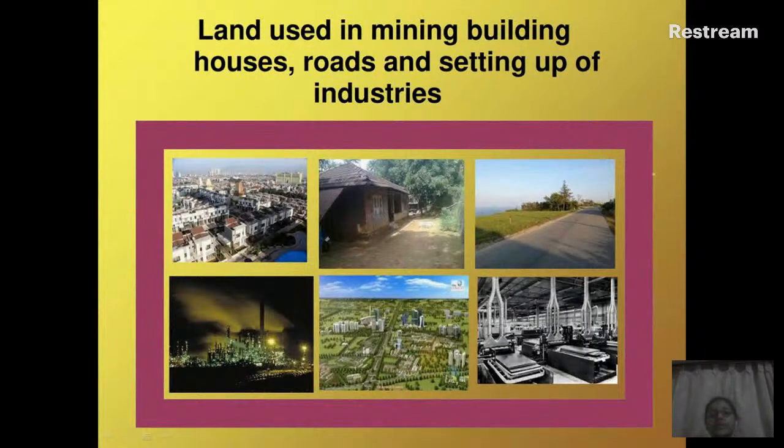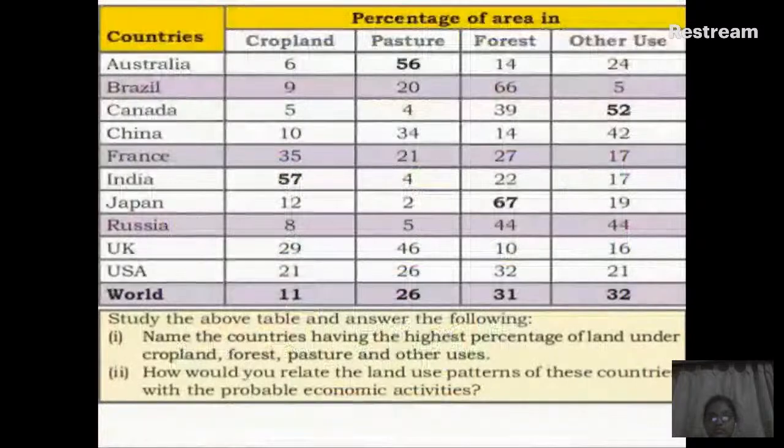Next, we will move on to the percentage of area in Australia. In Australia, cropland is 6, pasture is 56.